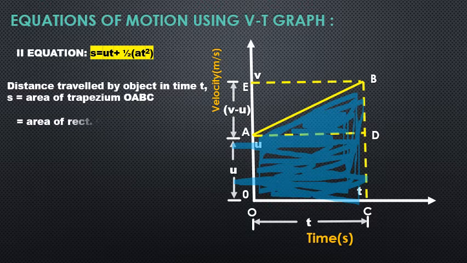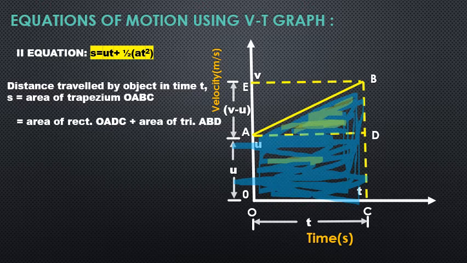Now what I can do is simply divide this trapezium into two parts. One is a triangle and the other one is a rectangle. So that means the area of the trapezium can be written as the sum of the area of rectangle OADC and the area of triangle ABD.